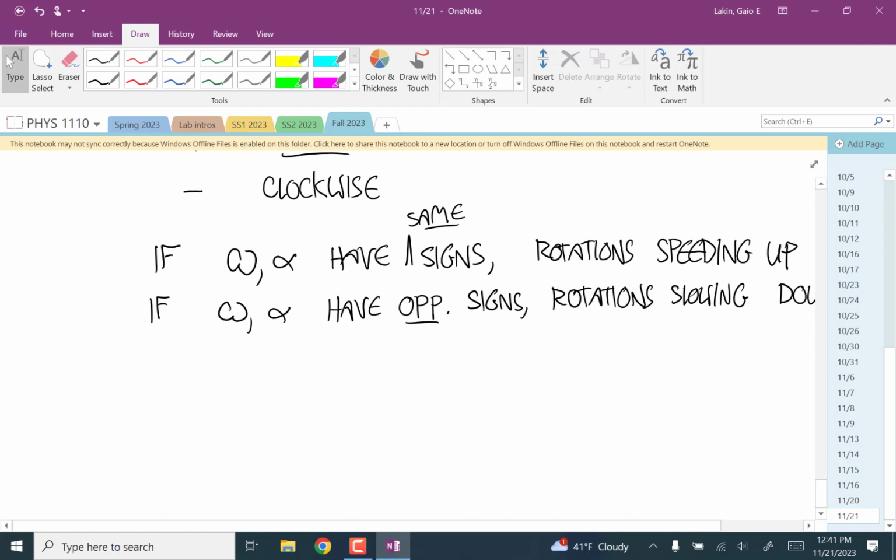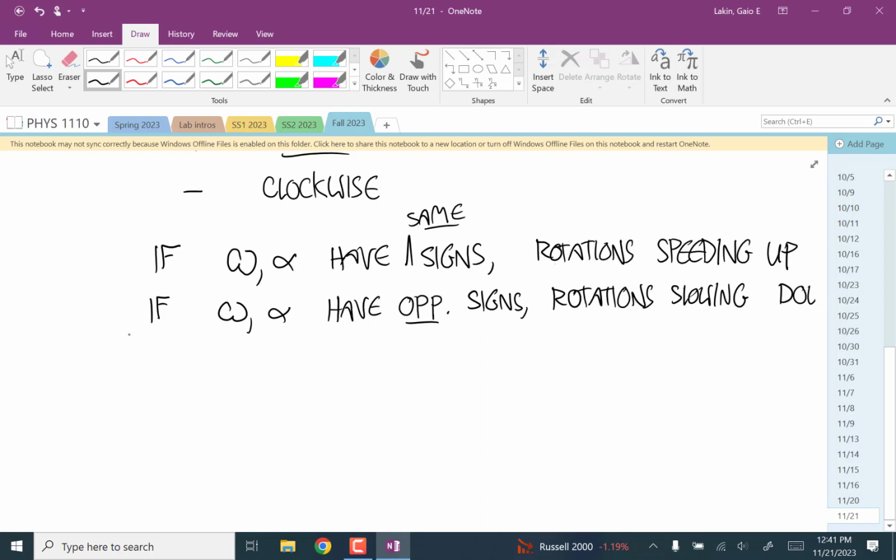When I introduced angular velocity, I told you a relationship between the velocity vector v, or rather the speed, of a point on the body and the angular velocity.